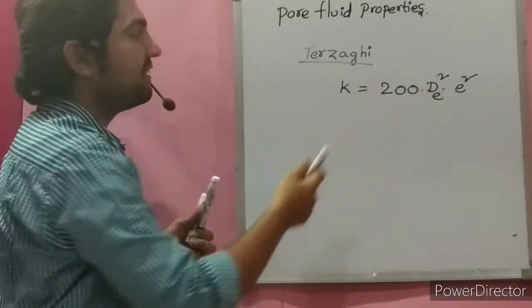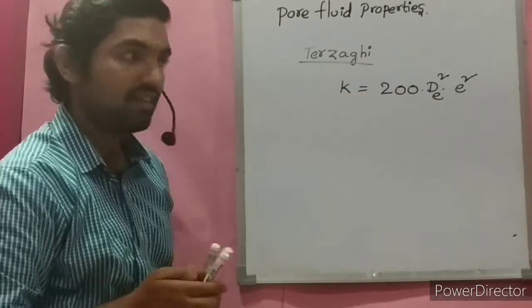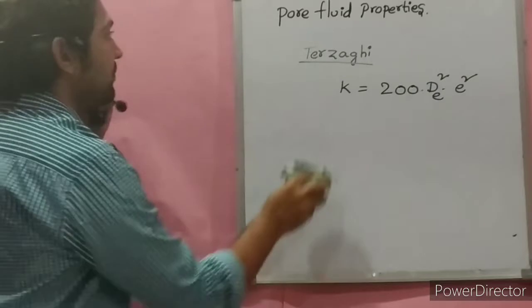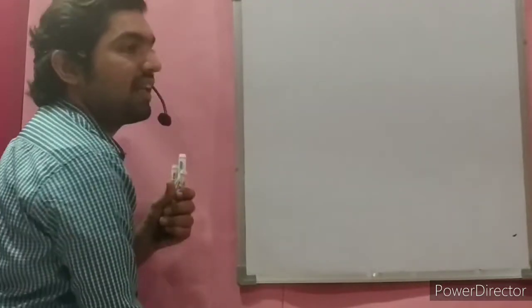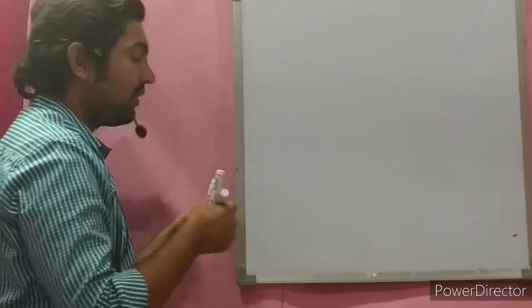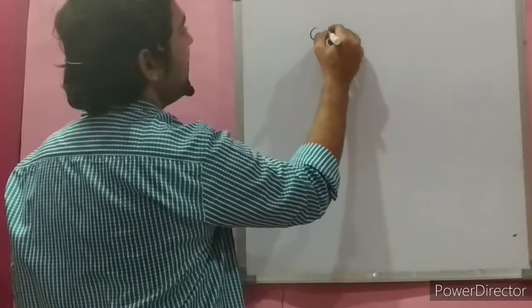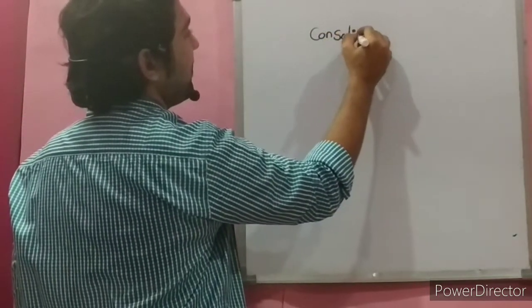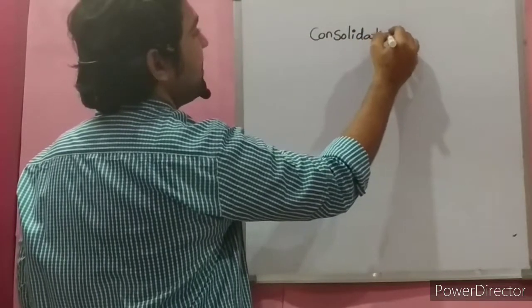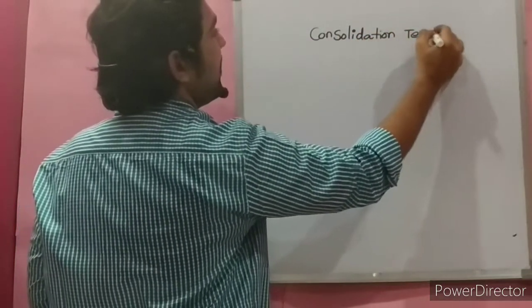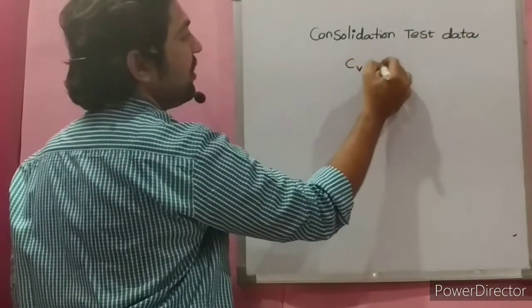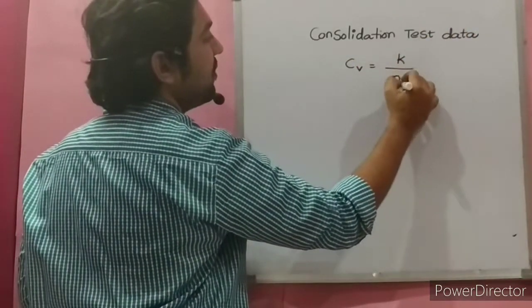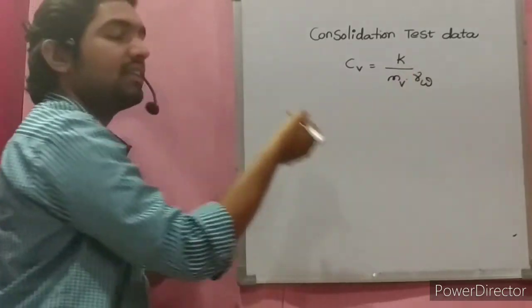This is Darcy's equation. Also, permeability for clay soil can be obtained from the consolidation test. From the consolidation test data, we can infer permeability of the soil. CV is equal to K upon mv gamma W. This we see in our consolidation chapter.